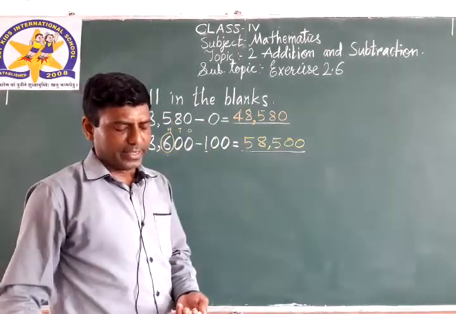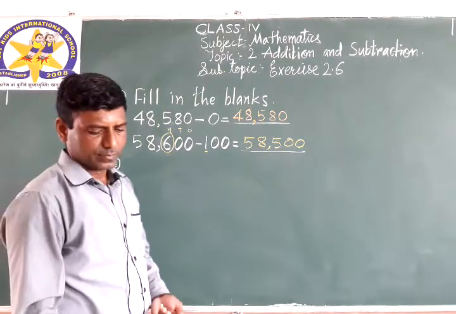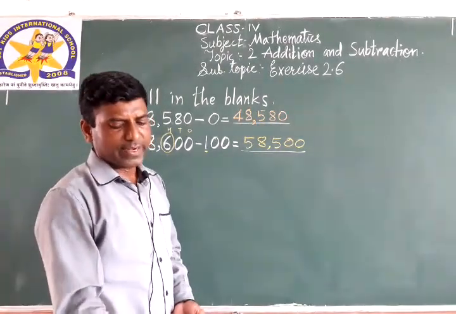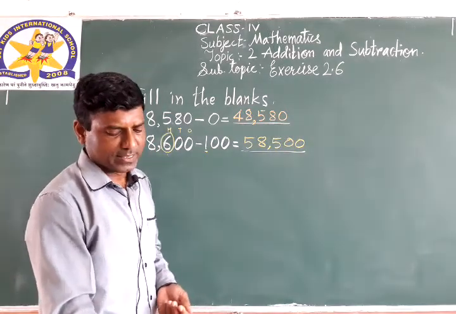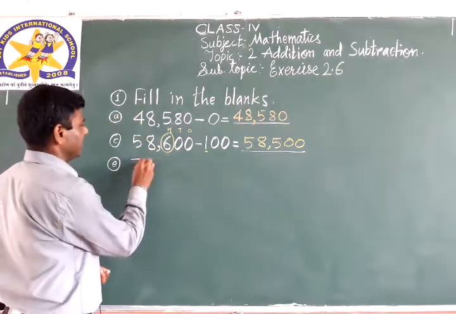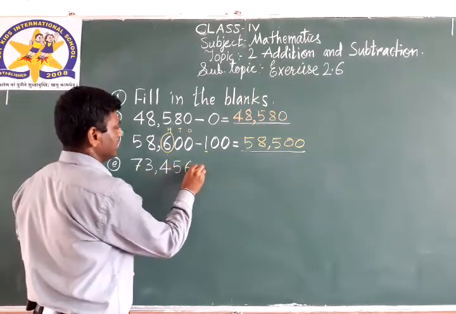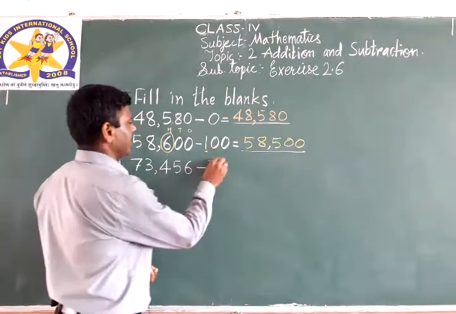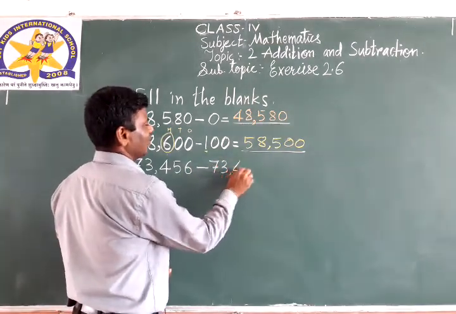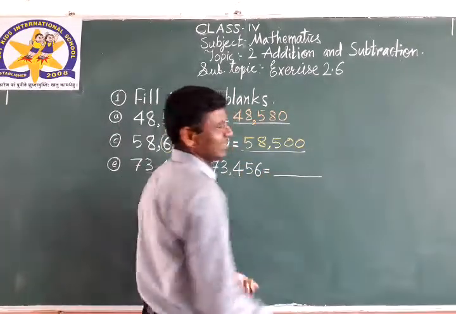Then I will solve E. 73,456 minus 73,456. What will be the answer?